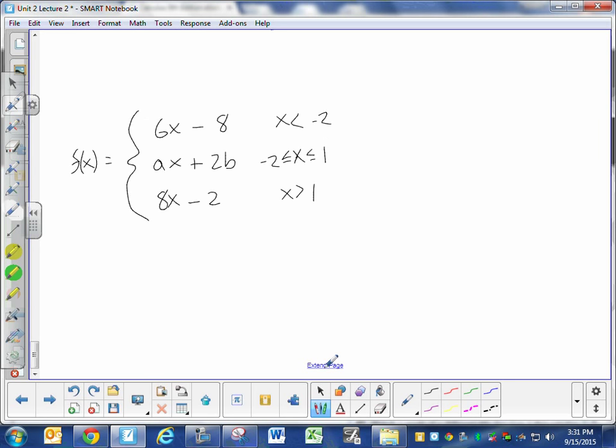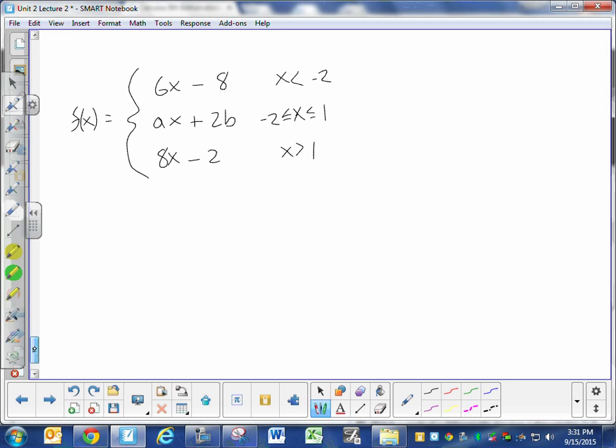Here's another example. This example is used to review solving systems.